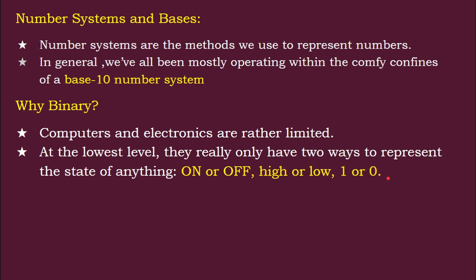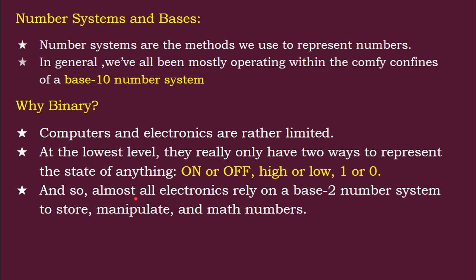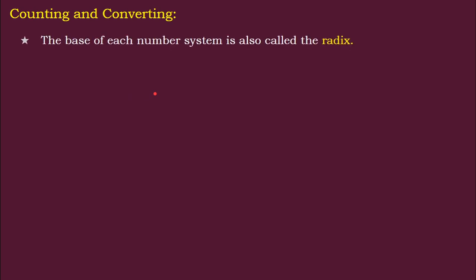So the binary system consists of only two numbers, 1 and 0. And so almost all electronics rely on a base 2 number system to store, manipulate, or do any mathematical calculation. So with this base 2 number system, we are able to solve millions of problems that we come across in our day-to-day life.